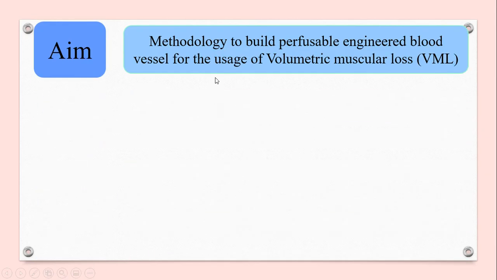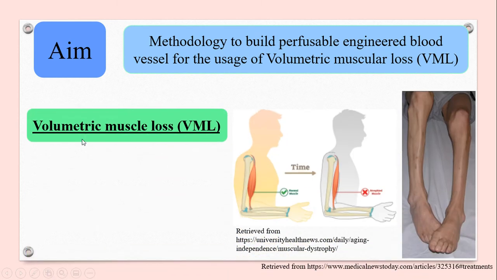The aim of the project is to investigate a better methodology to build perfusable engineered blood vessels for use in VML. What is VML? VML is volumetric muscle loss.